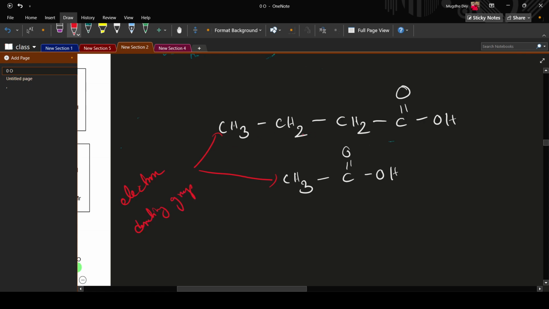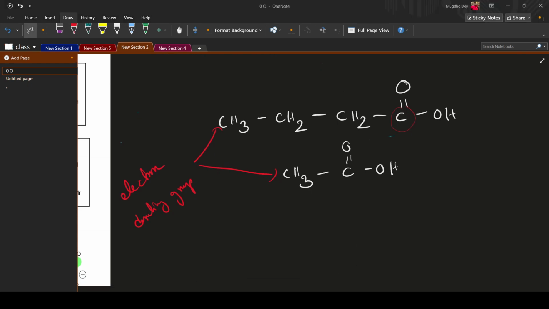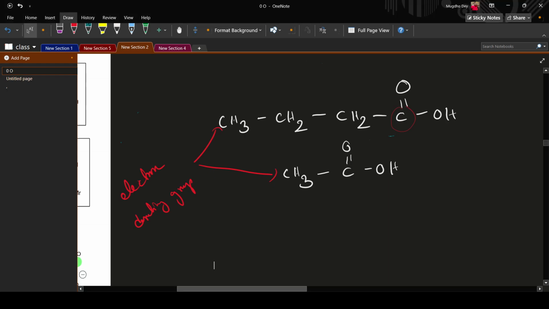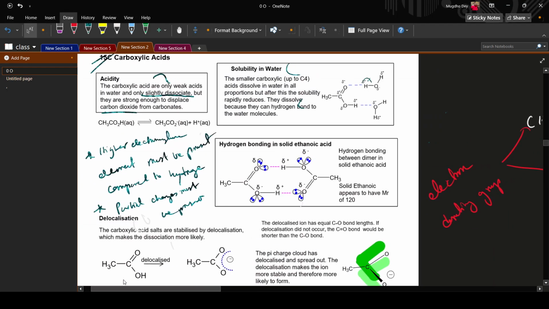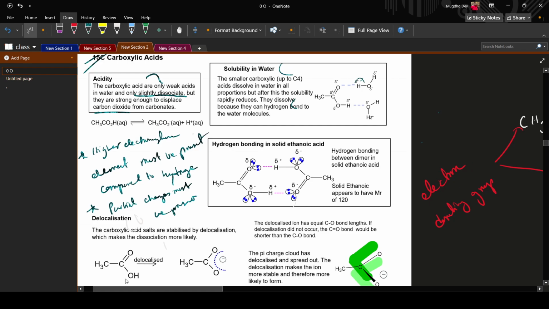So that means the greater the alkyl groups, the more electrons are being donated to this carbon right here. Now, the second condition is important here: suitable partial charges should be present.